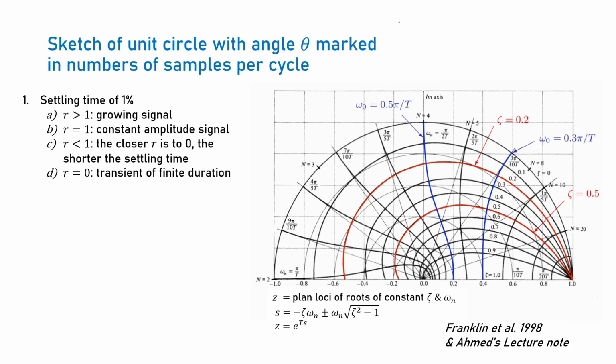Let's recall it. The standard form transfer function has this form: omega n square over s square plus 2 times zeta omega n s plus omega n square. So this is the standard form of the transfer function of a second order system in continuous time.